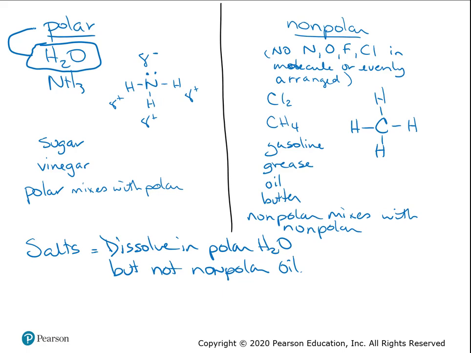It also mixes. Things that are polar mix with things that are polar. The other thing that polar likes to mix with is salts because they have a similar charge. So if I take water and I add some sodium chloride, I know that's ionic, but sodium chloride can mix with water because they still have that charge characteristic.